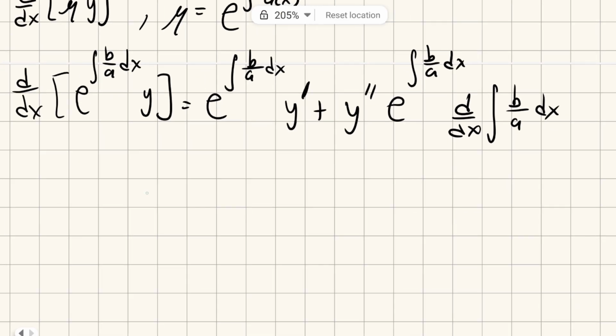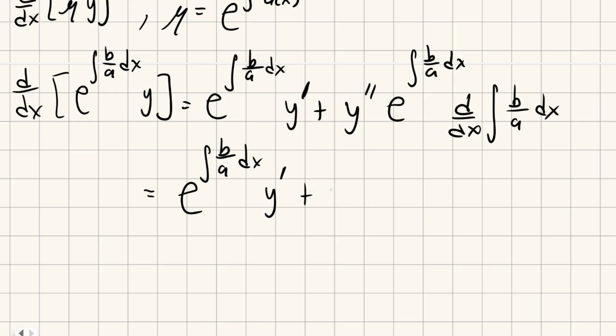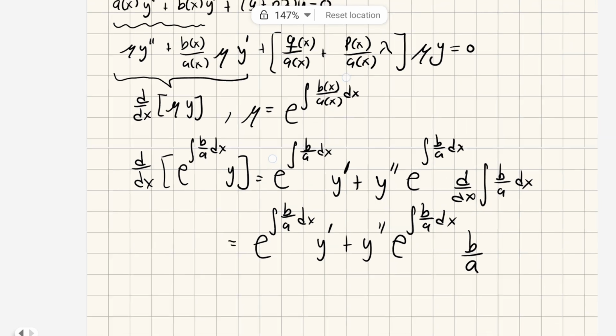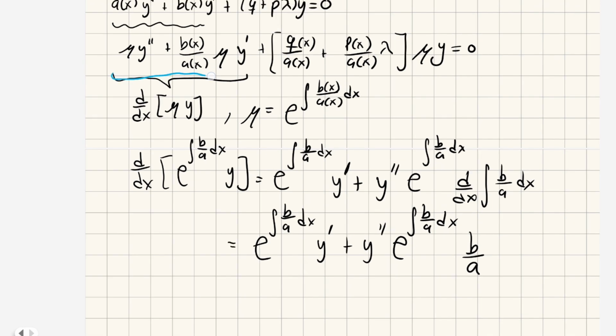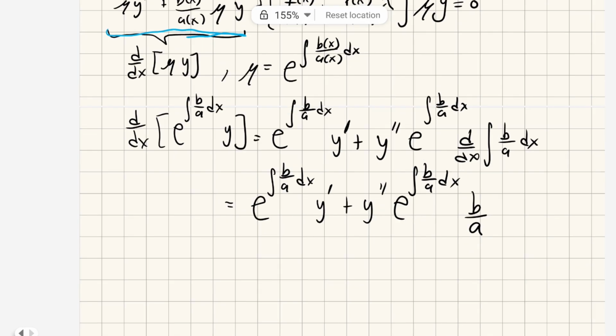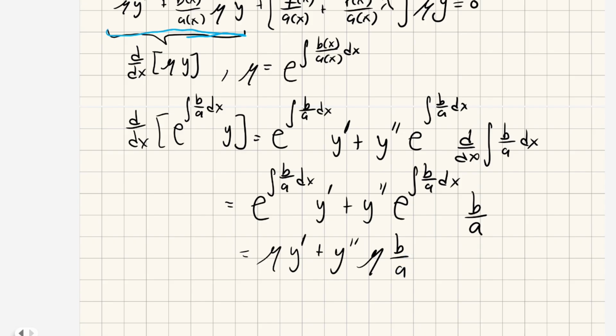So this means that we will get e to the integral b divided by a dx y prime plus y double prime e to the integral b divided by a dx and then b divided by a, which is the same thing that we have here. Recall that this is mu y prime plus y double prime mu b divided by a, exactly the same thing that we have here.